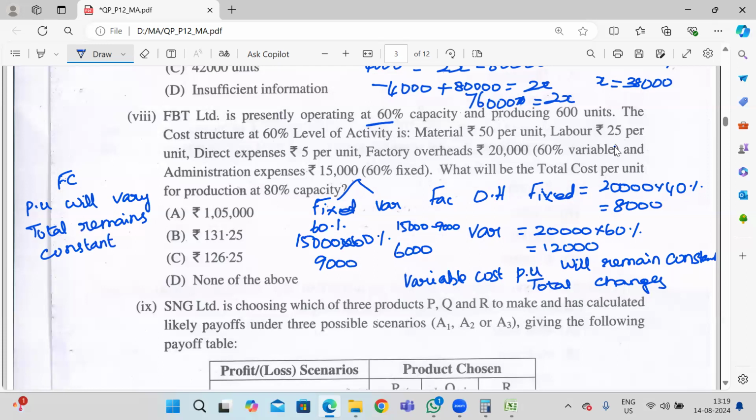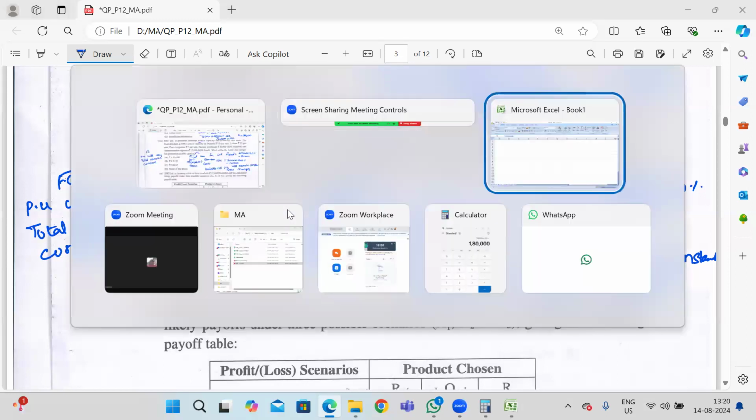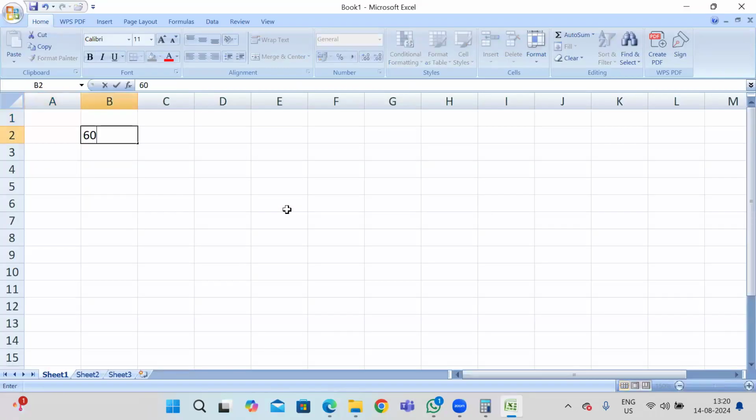So what we need to calculate is the total cost per unit for production at 80% capacity, right? At 60% capacity, that is 600 units. So I want to calculate for 80% capacity. If it is 600 for 60%, what will it be for 80%?